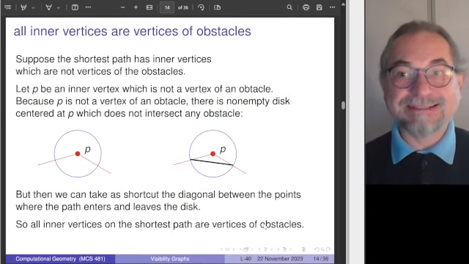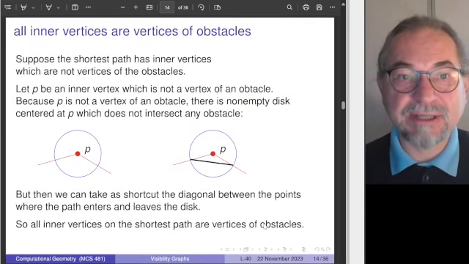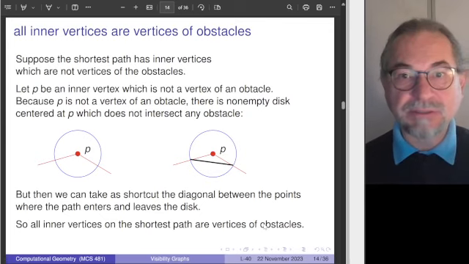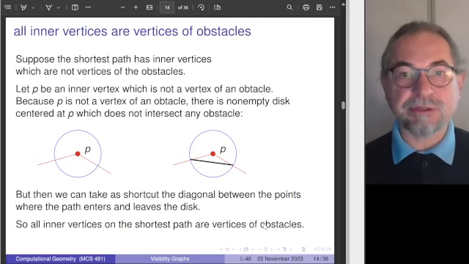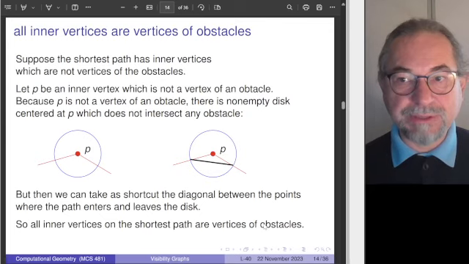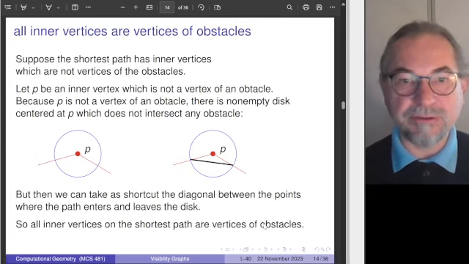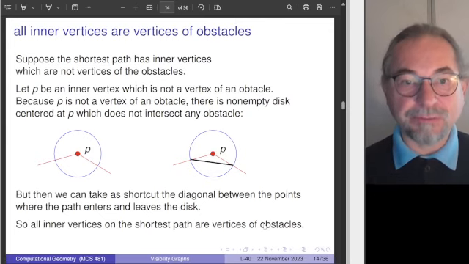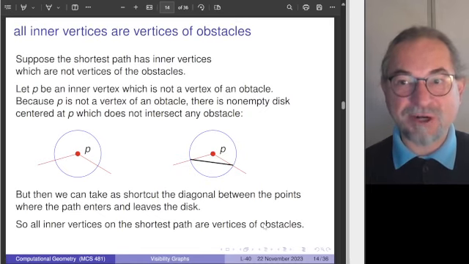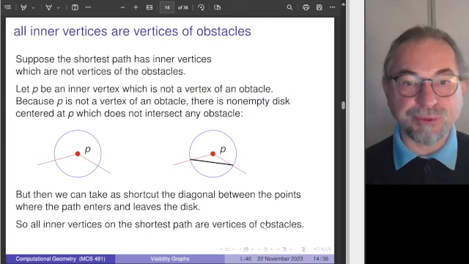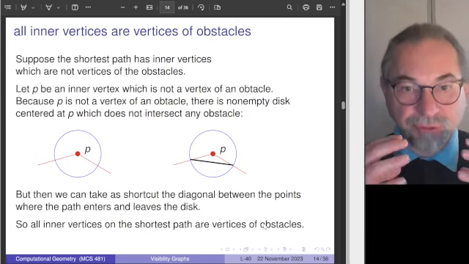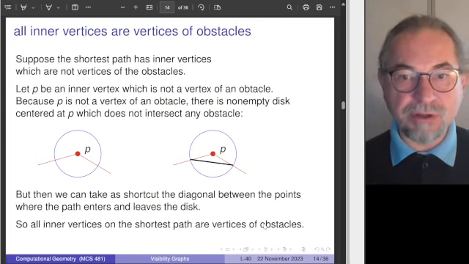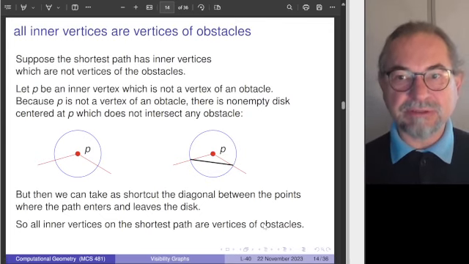Okay, so the second point is that we have now line segments on our shortest path. But assume now that there would be an inner vertex, so not the target, not the start. So suppose that there would be an inner vertex which is not a vertex of the obstacle. Well, we do the same argument again. So it's again a picture proof. Since it is not a vertex of an obstacle, there is a non-empty disk.